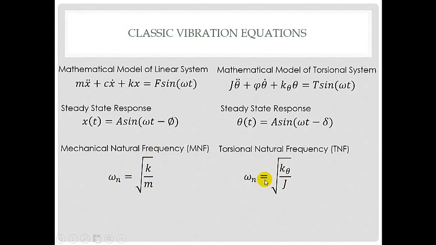Similarly, your torsional natural frequency goes up when your torsional stiffness goes up, and your torsional natural frequency goes down when your polar inertia increases. So a really important concept, and I'll have a lesson entirely dedicated to understanding the concept of natural frequencies and resonances. So we'll get into more detail about this.